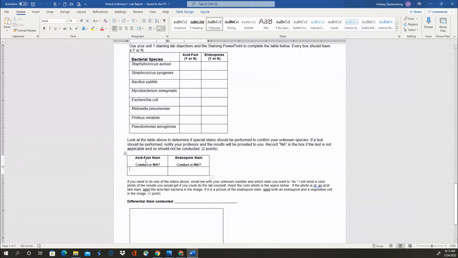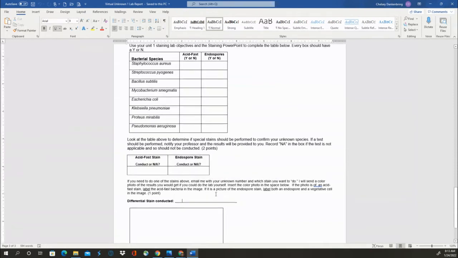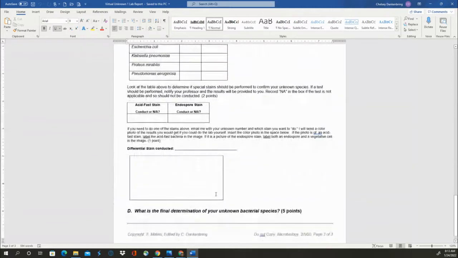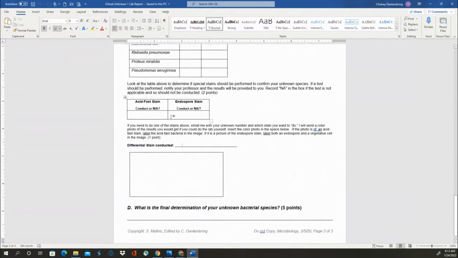Now, if your organism does not need either of these stains, that's perfectly fine. You don't have to put anything here, okay? You can put NA, doesn't matter. But if you do need one or both of these stains done, you write here which one, you send me an email, and you say, Chelsea, I have unknown number 3, and I need the acid-fast stain.